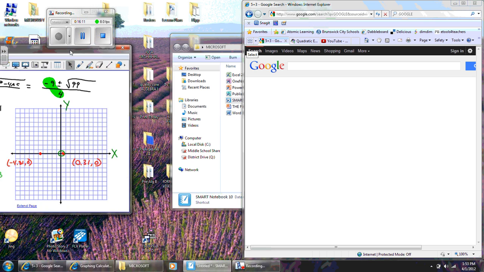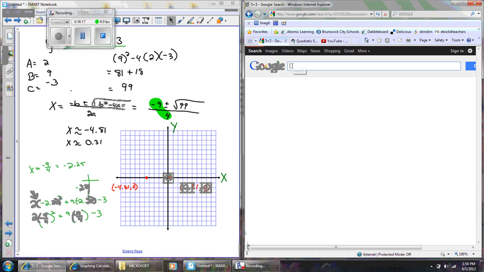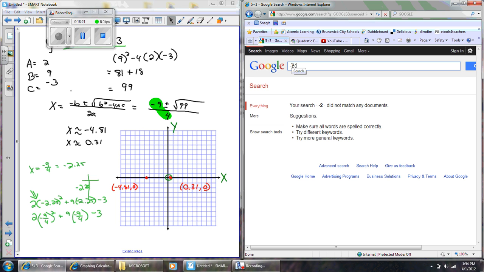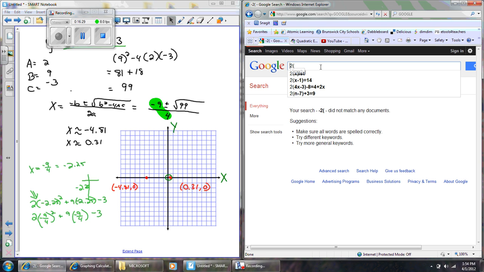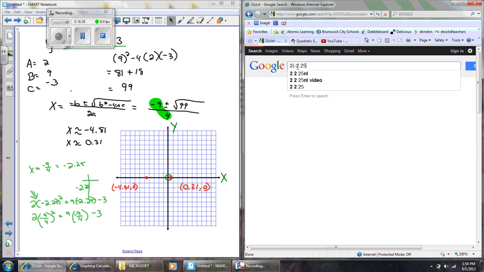Okay, there we go. So I am going to enter negative 2, parenthesis. Oops, it shouldn't be negative 2, excuse me. Parenthesis, negative 2.25.